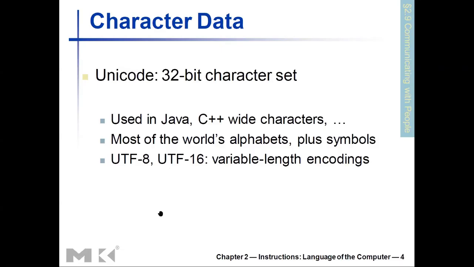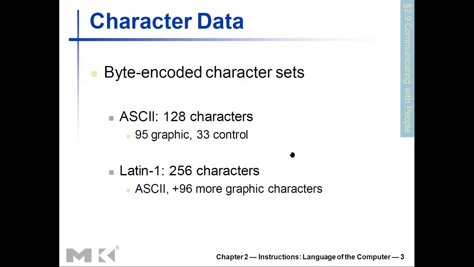And then we come to the modern encoding standard, which is called Unicode. I hope you have all heard this term, Unicode. With Unicode, you can have a 32-bit character set. Now, to represent 128 characters, how many bits do you need? 128 different combinations you can achieve with how many bits?